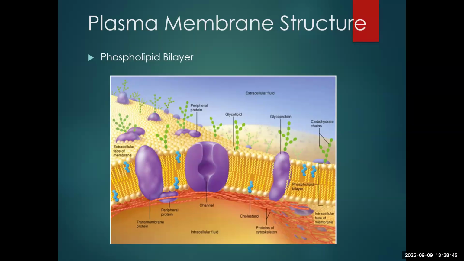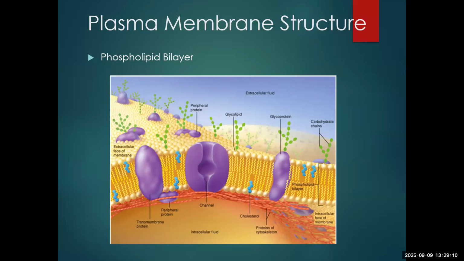These big structures are proteins. So proteins have a lot of different jobs in the plasma membrane, as we will talk about. So our basic structure of the plasma membrane is that it's built out of a bilayer, a double layer of the phospholipids with the proteins that are embedded.